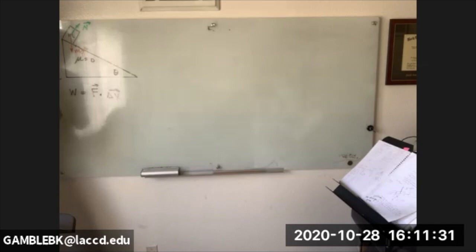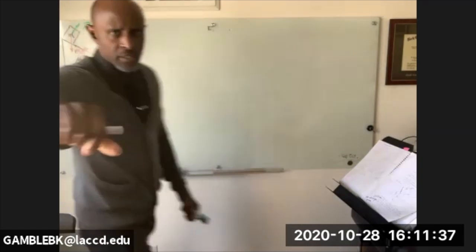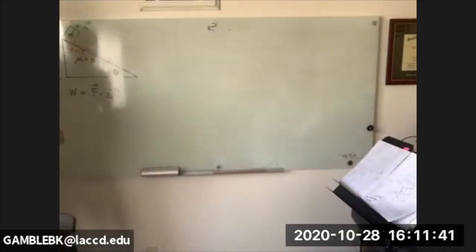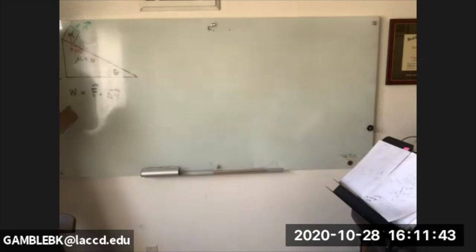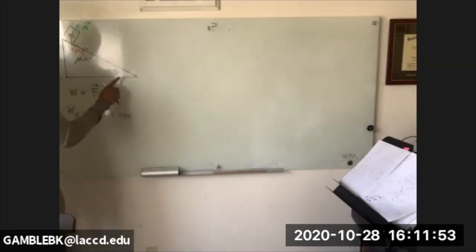So let's do the normal force. Abdul, what is the angle between the normal force and the direction of motion? Actually, good. So work done by the normal force, we have to do normal force times delta x times cosine of the angle. Now, actually, I don't want you to be confused.